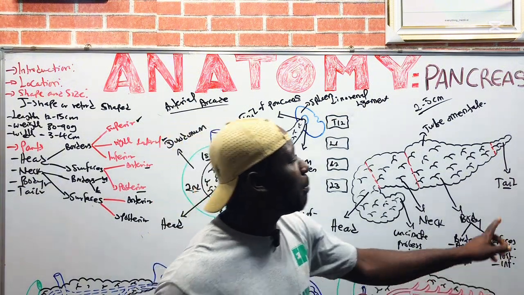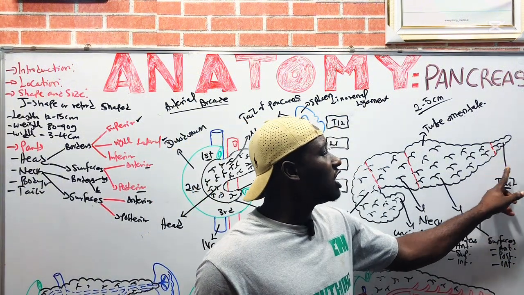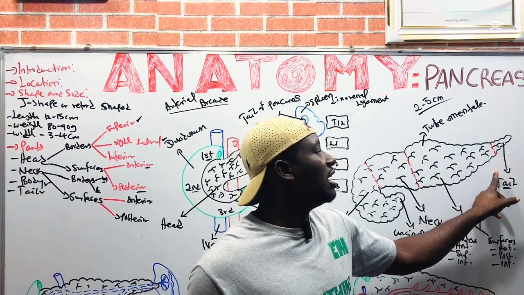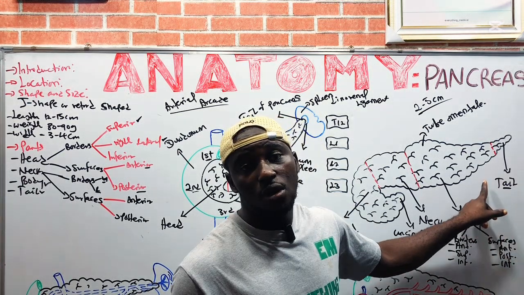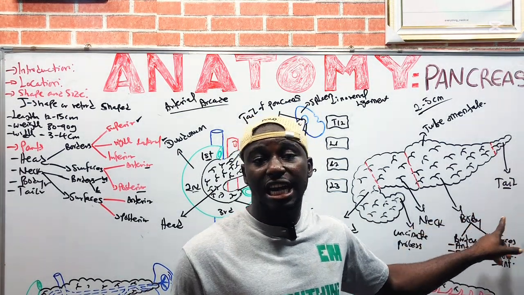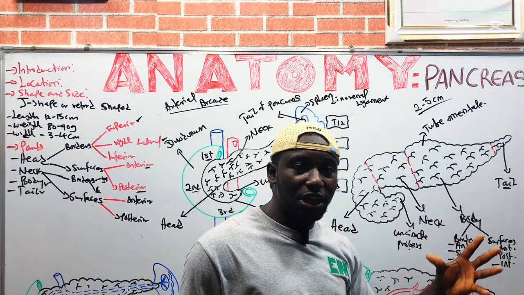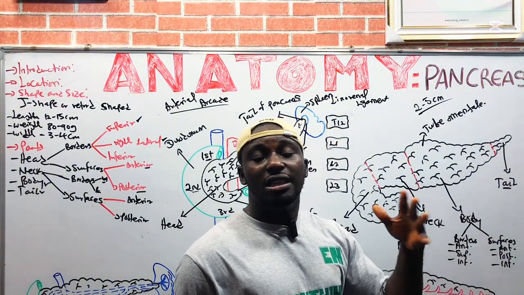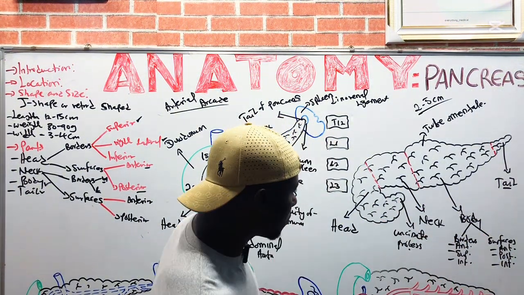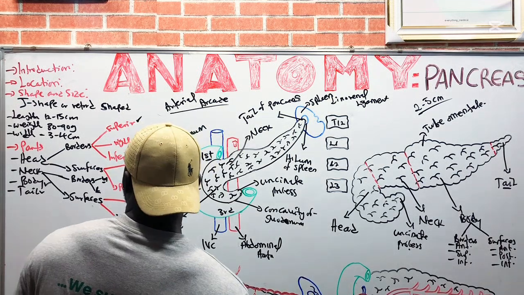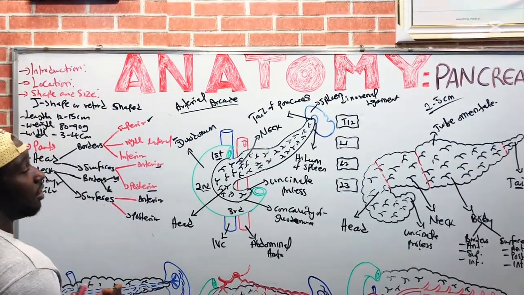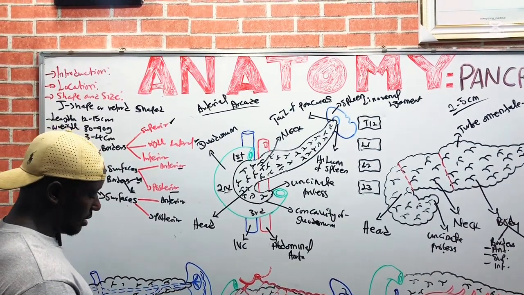So anything that happens to this region is mostly concerned with the secretion of hormones, that is the islet cells of Langerhans: the alpha cells, the beta cells, the delta cells, and all that. So that is how it works. We are done with the parts of the pancreas.